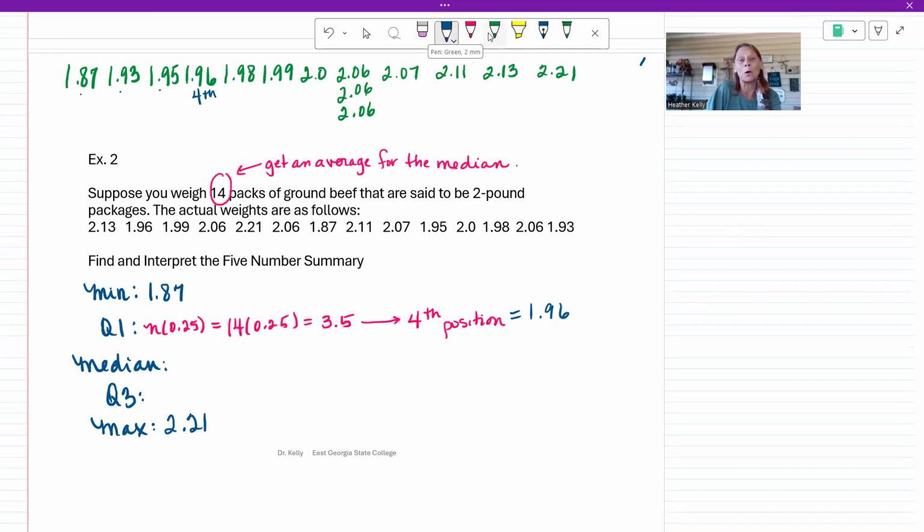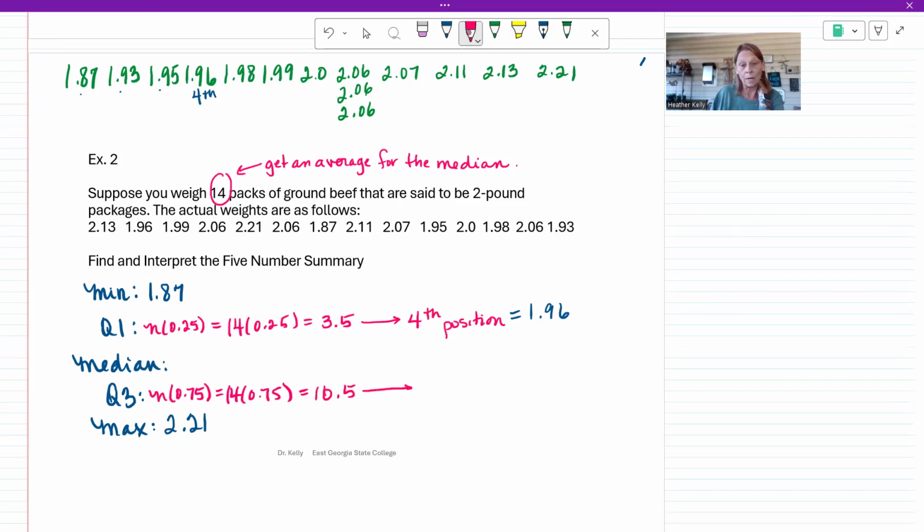Now I'm going to go ahead and do the Q3, because that's going to be the one that's like the least amount of work right now. So for Q3, we're going to go n times 0.75. So 14 times 0.75 is equal to 10.5.